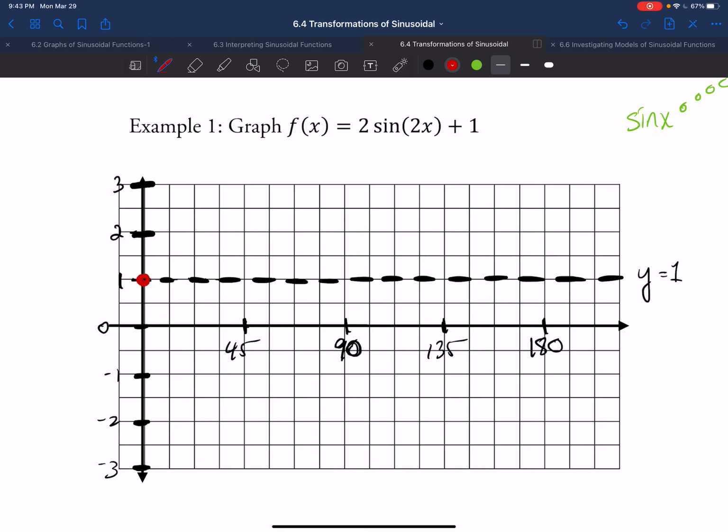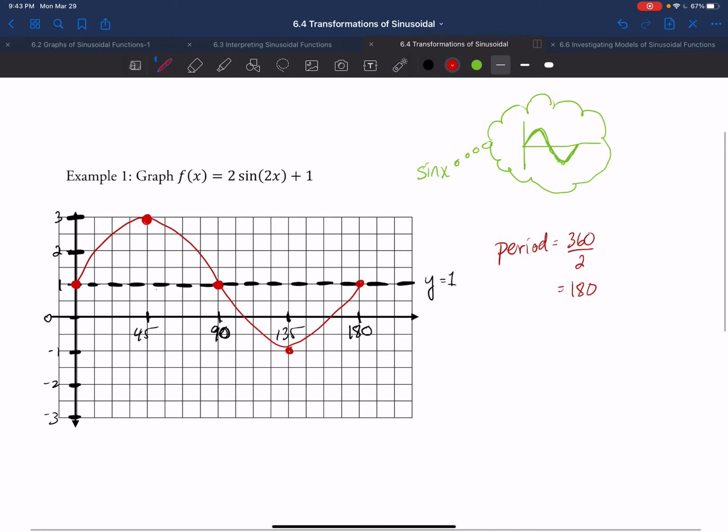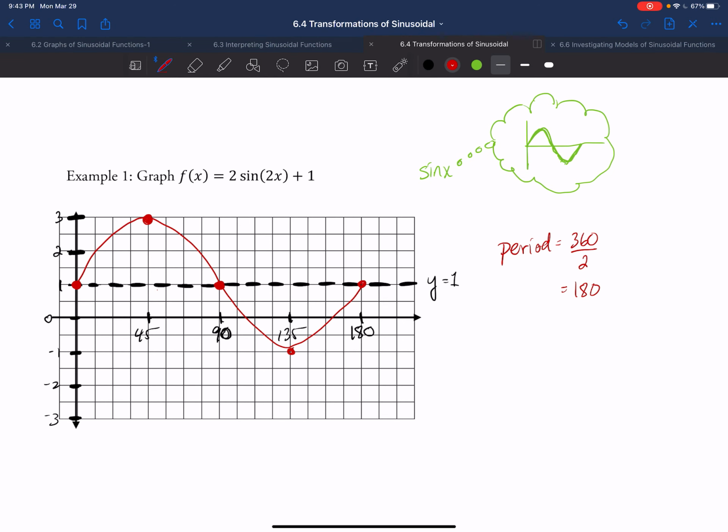In the first quarter, I'm going to go up to the maximum point. Next quarter, back down to the equation of axis. Okay, not the x-axis, but the equation of axis. And then the next quarter to the minimum point, so that'd be -1. And then back up to the equation of axis. So this is our graph. That's one cycle of it. It does continue on in either direction, both left and right, but normally when we graph, we just graph one cycle.